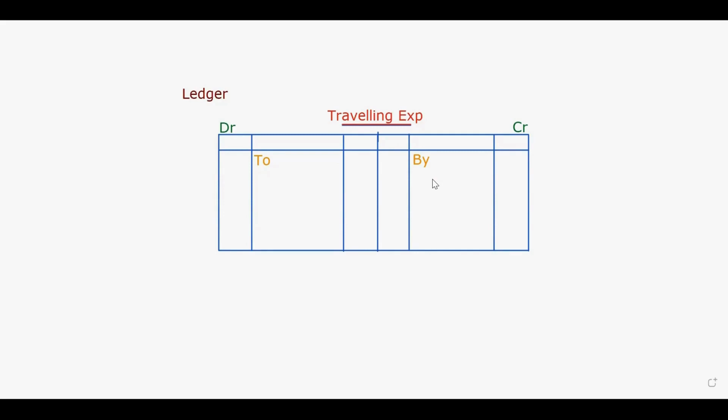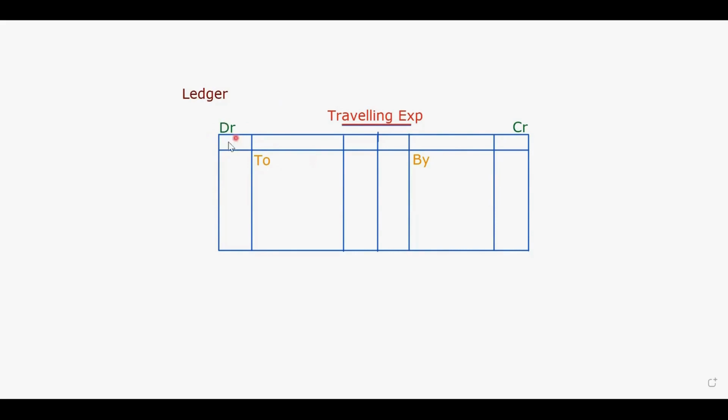While posting the journal, there is also a pro forma. Let's say traveling expenses account debit to cash account. Traveling expenses account is debited, because traveling expenses are on the debit side as a nominal account, to cash account.